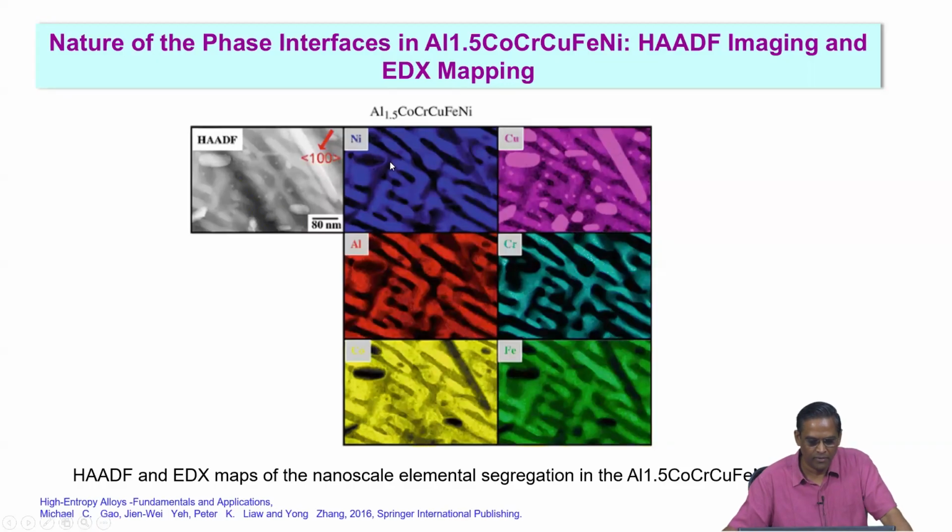For example, for nickel, aluminum, cobalt, the segregation in these images appears the same. Copper, chromium, iron are entirely opposite, isn't it? The segregation in these phases is opposite to what you are seeing here. Okay. So that means there is a selection of elements in the phase interfaces. So how do we understand that?